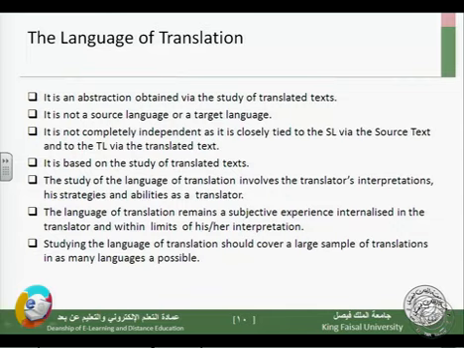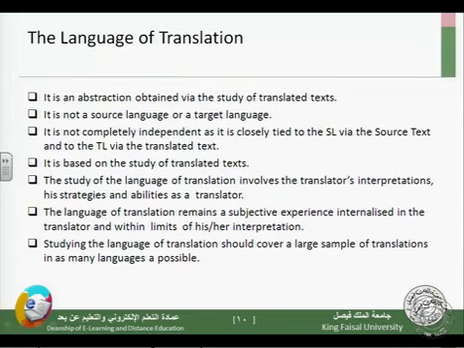You, as a reader or as a translator, can find right away the characteristics of the language of translation, the strategies the translator has used, or the ability of the translator, or the interpretation of the translator of the source text into the target text.